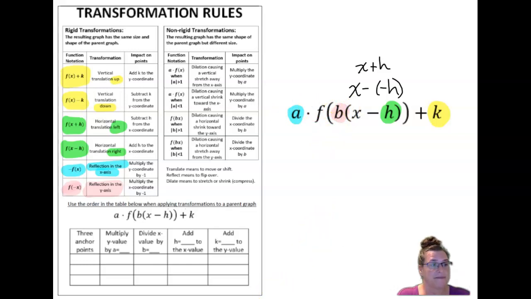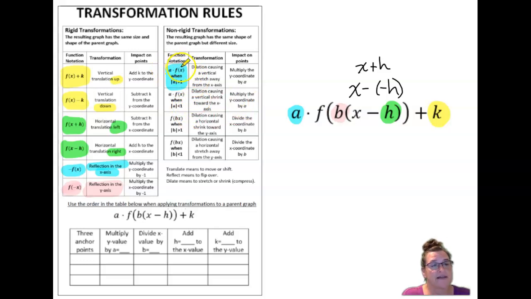Now, the a and the b don't just impact whether there's been a reflection, they also impact whether there's been a dilation. So a is what we want to look at for vertical stretches and shrinks.